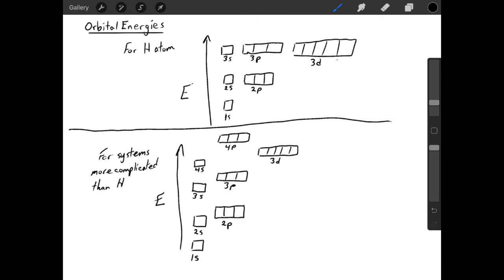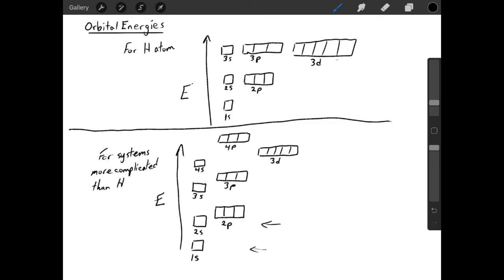It starts out looking pretty similar. The 1s starts everything off at the lowest energy. Then you get a grouping of n equals 2 levels in the n equals 2 shell. But now you can see that the 2p orbitals, the p subshell, is a little bit higher in energy than the s subshell. And it's okay, it's not enormously different.